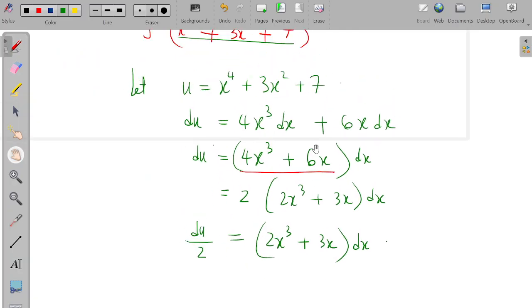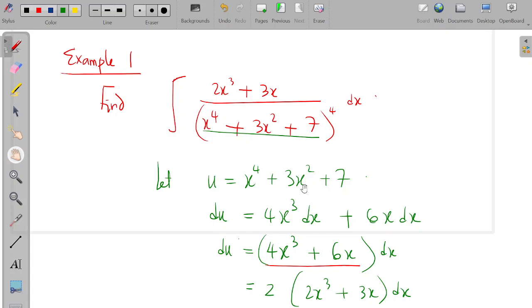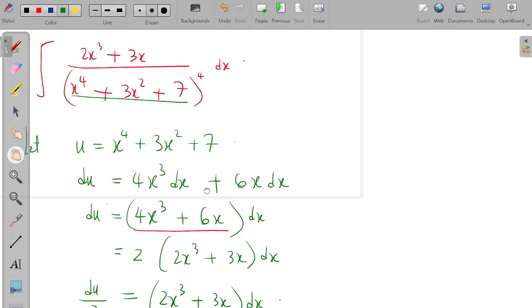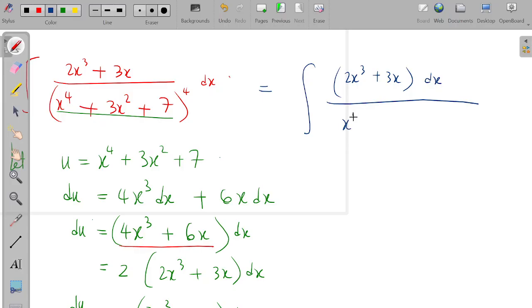Now we can have it exactly like what we have at the numerator. So let's change the integral to u. Let me write it nicely first: the numerator is (2x^3 + 3x) dx, all over what we have there.